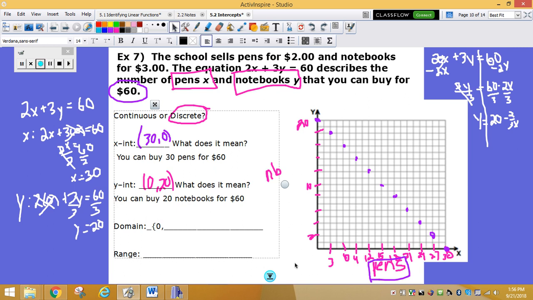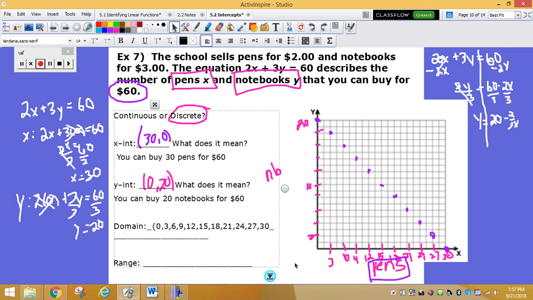I'm just going to put the dots that we graphed. So I graphed at 3, and 6, and 9, and 12, and 15, and 18, and 21, 24, and 27, and 30. That's where I ended. So that's what I would put for domain.